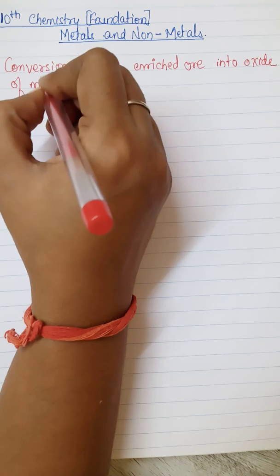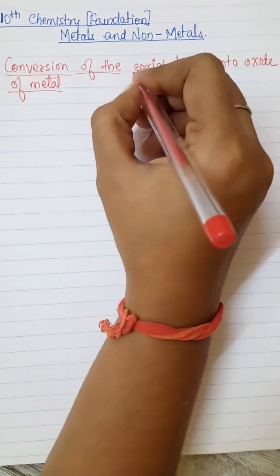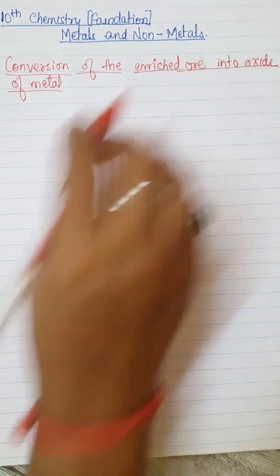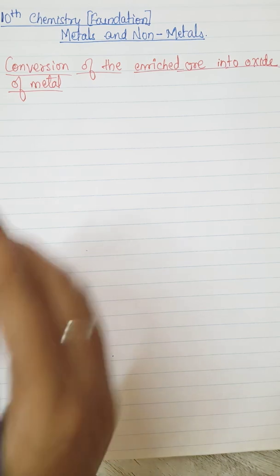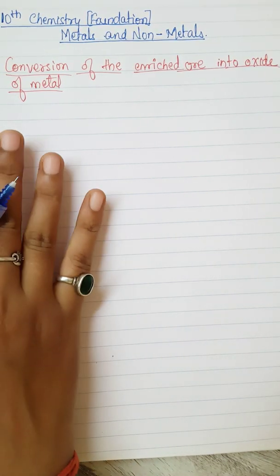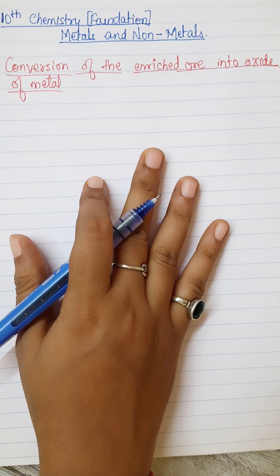We have seen the must-to-be-known terms, roasting and calcination, that we convert some sulphide and carbonate ores with the help of these two methods, that is calcination and roasting, that is heating in absence or presence of oxygen.